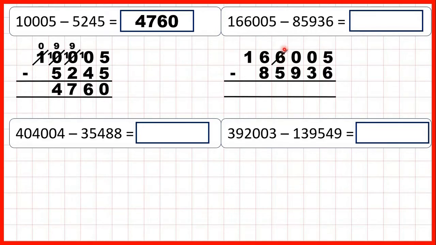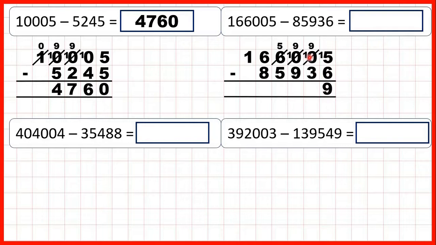Now 1 less than 6 is 5, and that gives us 1 to put in front of our hundreds. But now 1 less than 10 is 9, and we have 1 in front of our tens, and then we need to exchange once more. So 1 less than 10 is 9, and now we have a 1 to put in front of our ones digit. So we have 15 minus 6.